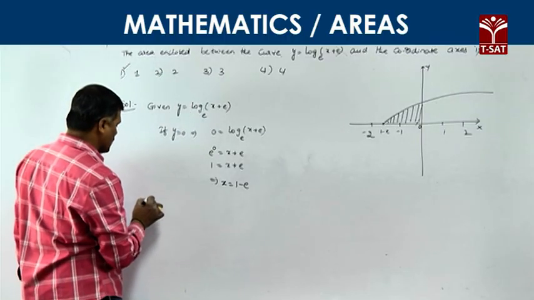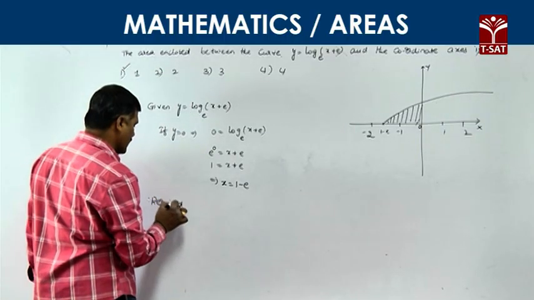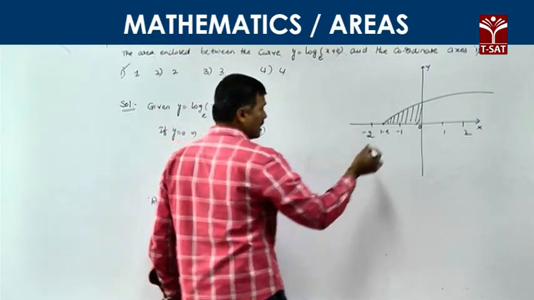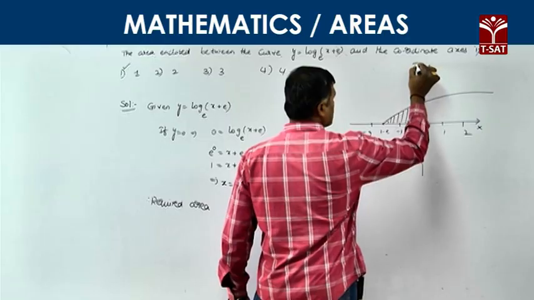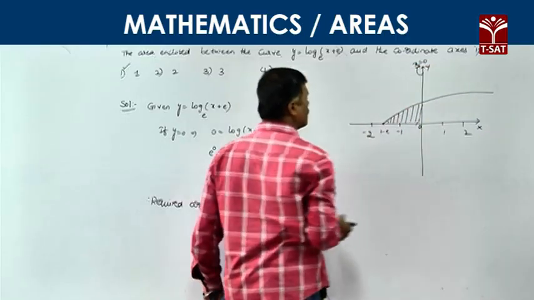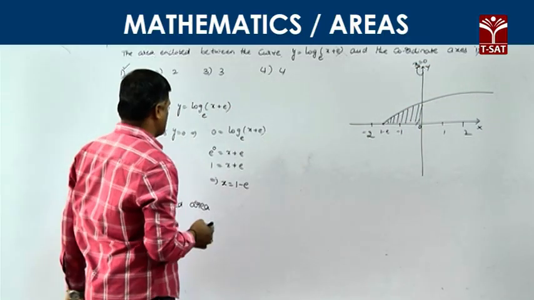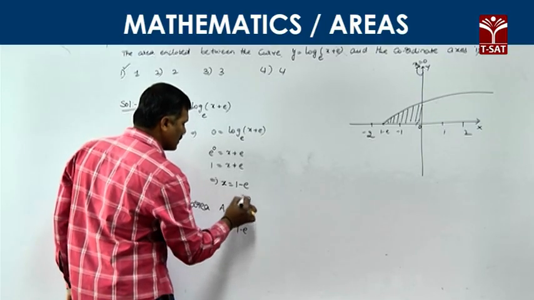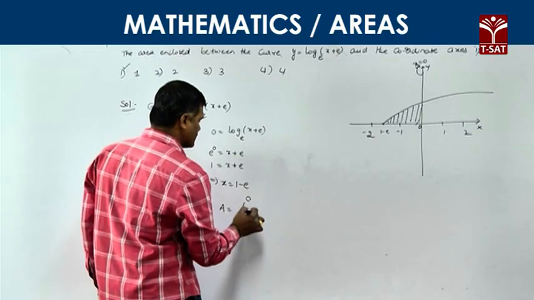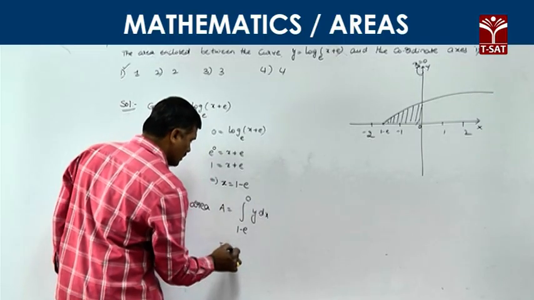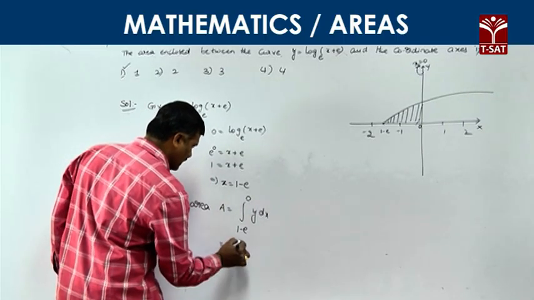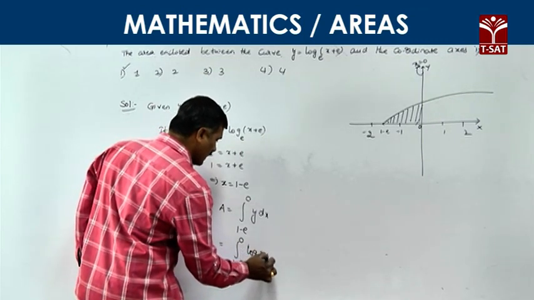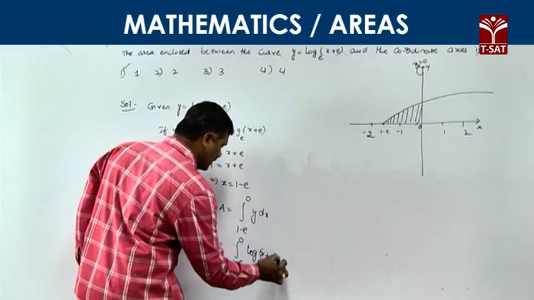Therefore, the required area is equal to, the coordinate axis being the x axis and y axis, whose equation is x is equal to 0, the integral from 1 minus e to 0 of y dx, that is equal to the integral from 1 minus e to 0 of log of x plus e to the base e dx.